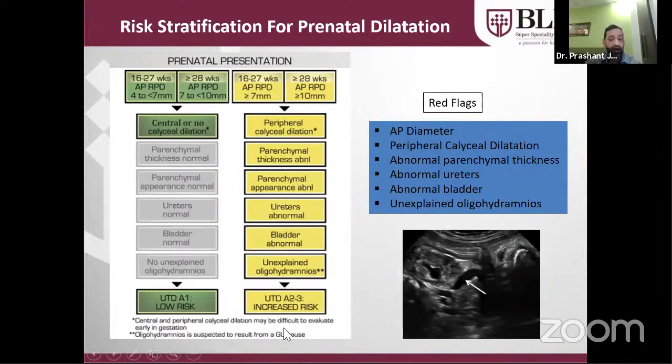So now, depending on these findings of the ultrasound, you can always categorize the patients as a low risk group and the increased risk group. The increased risk groups have more tendency of having a pathological urinary tract dilatation, and they might end up with some or the other form of interventions, and yes, require a more close follow-up.